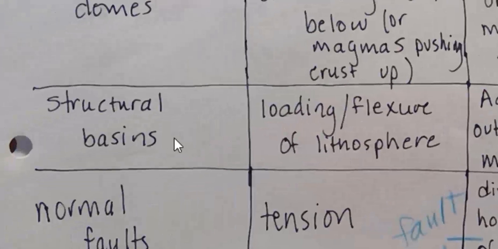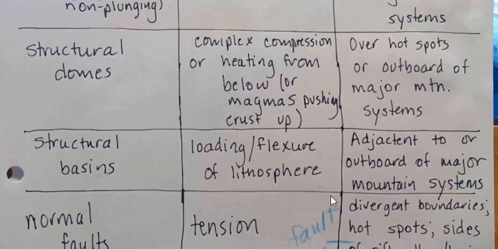Our structural basins are typically caused by loading of the crust that causes the lithosphere to bend or flex downward in a central area, forming the basin.